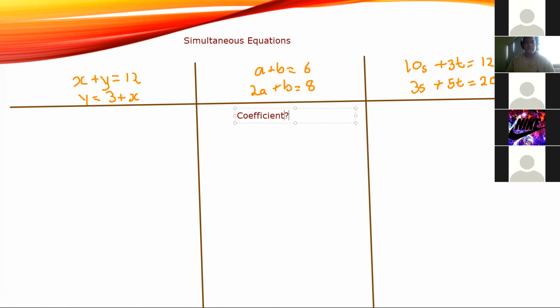Coefficient. You can unmute your mic, and when you unmute your mic, you can basically give us the answer. Unmute the mic, give us the answer. What is a coefficient?